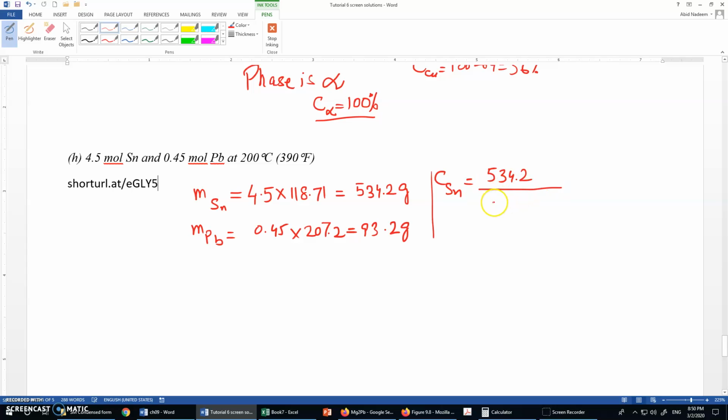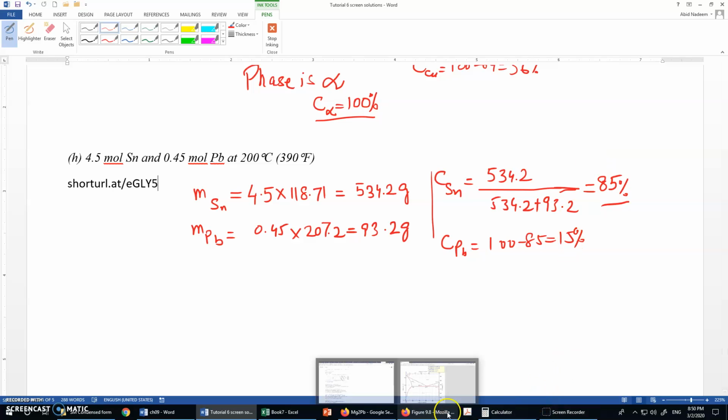And the concentration of tin will be 534.2 divided by 534.2 plus 93.2. So it will be equal to 0.85 or 85%. So the concentration of lead will be 100 minus 85, equal to 15%. So let's look at the lead tin chart at 200 degrees centigrade.